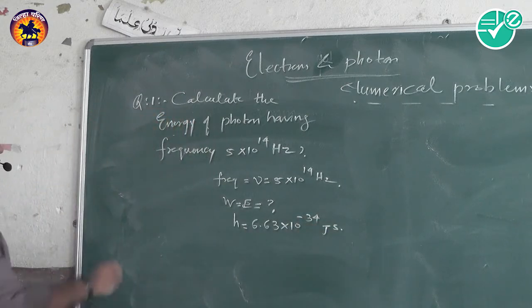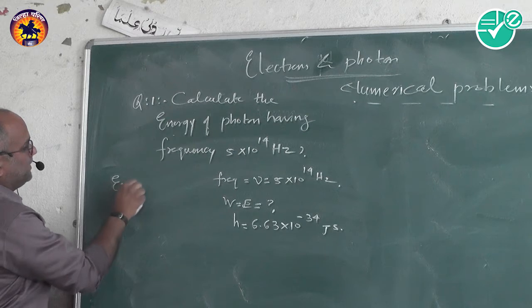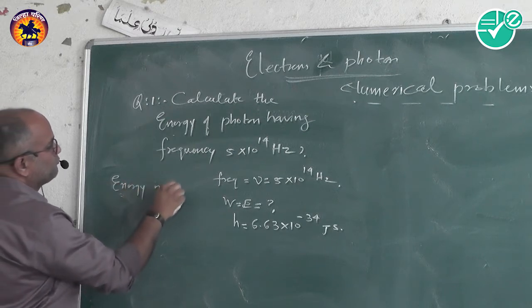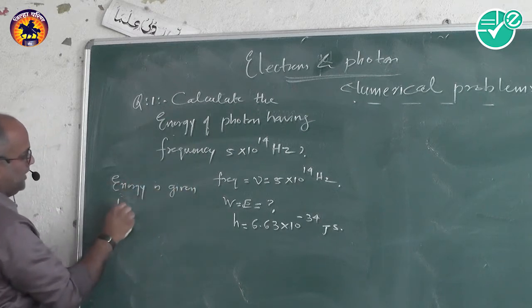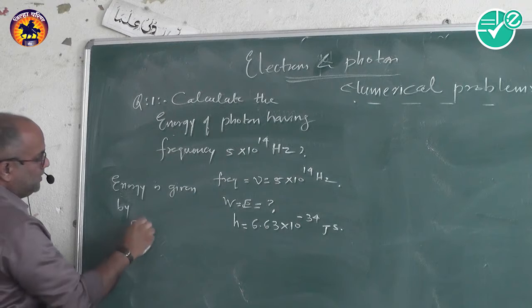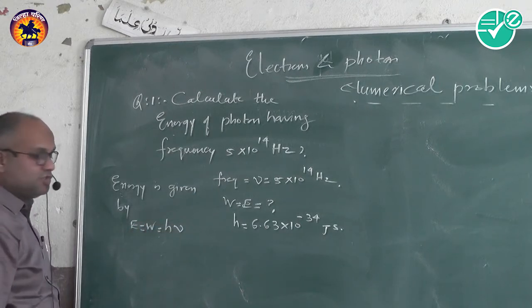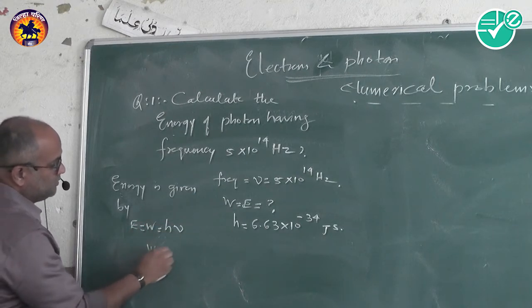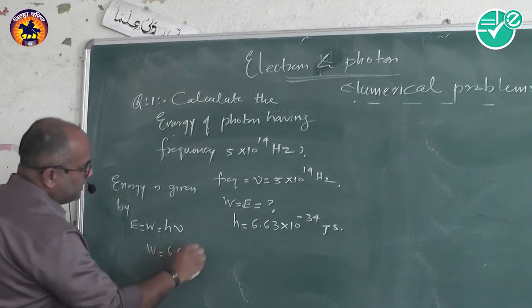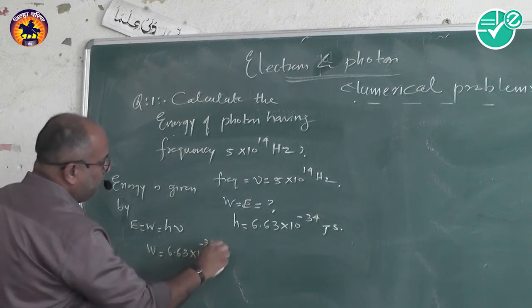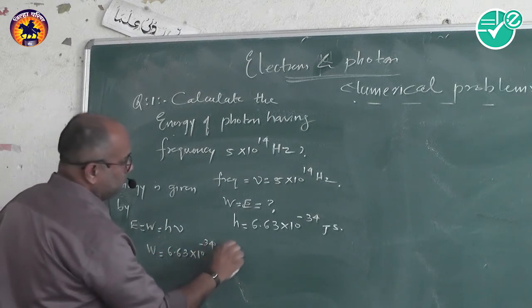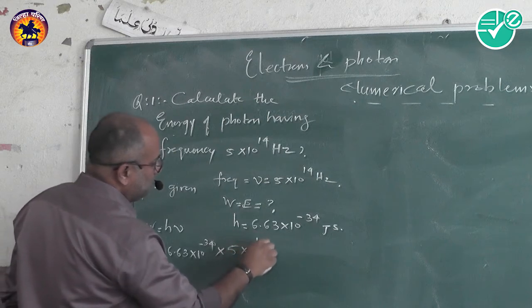Now we know energy is given by E or W is equal to h nu. So W is equal to 6.63 into 10 raised to minus 34 into 5 into 10 raised to 14.